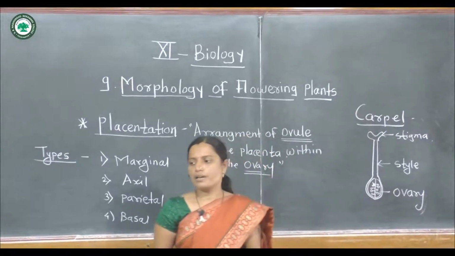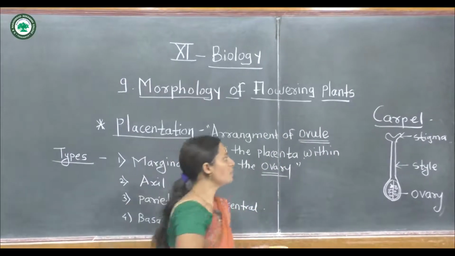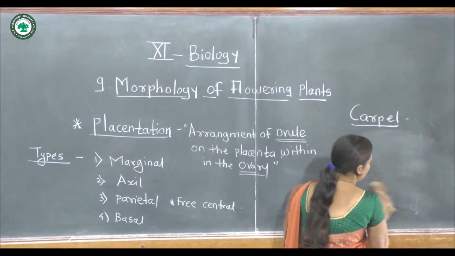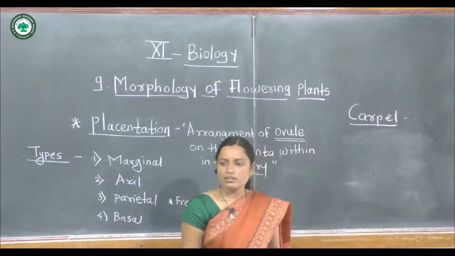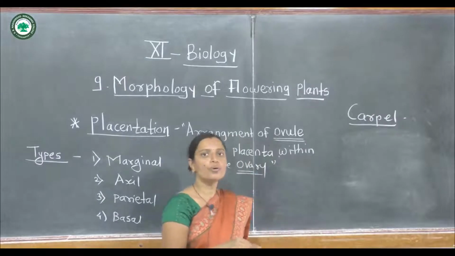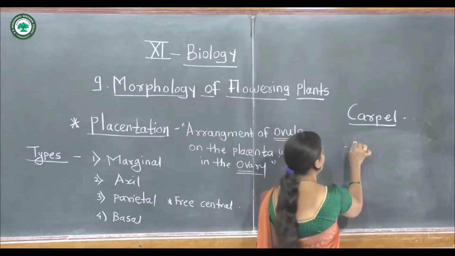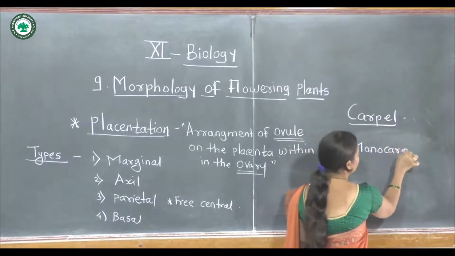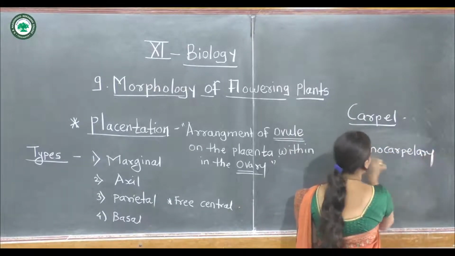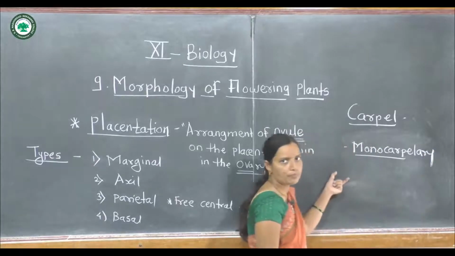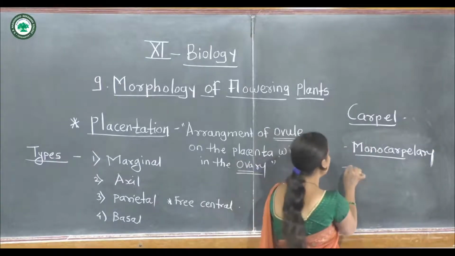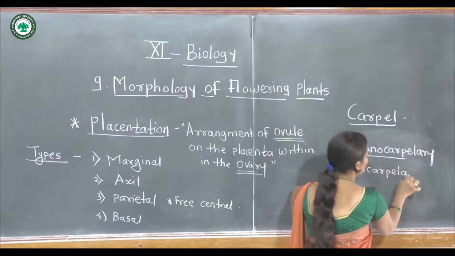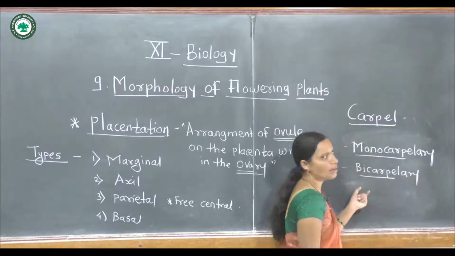In some flowers the number of carpels is different. In some flowers the ovary is monocarpellary, meaning a single carpel. In some, the ovary is bicarpellary, meaning two carpels.